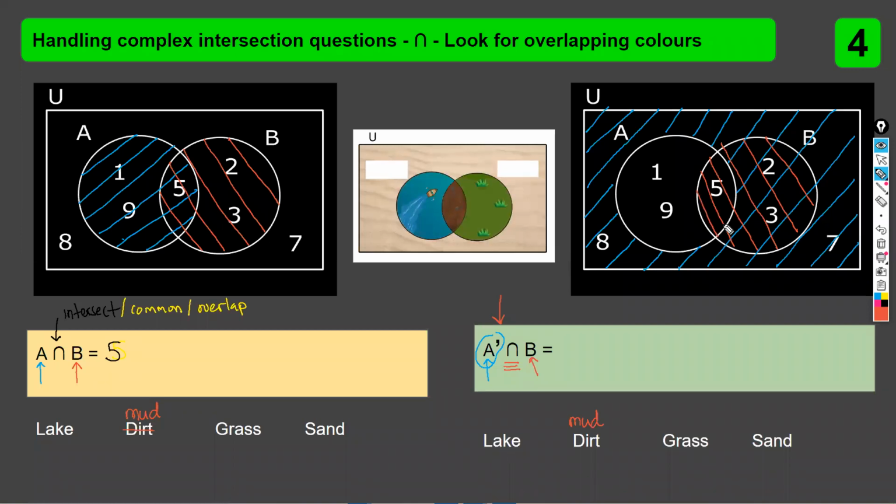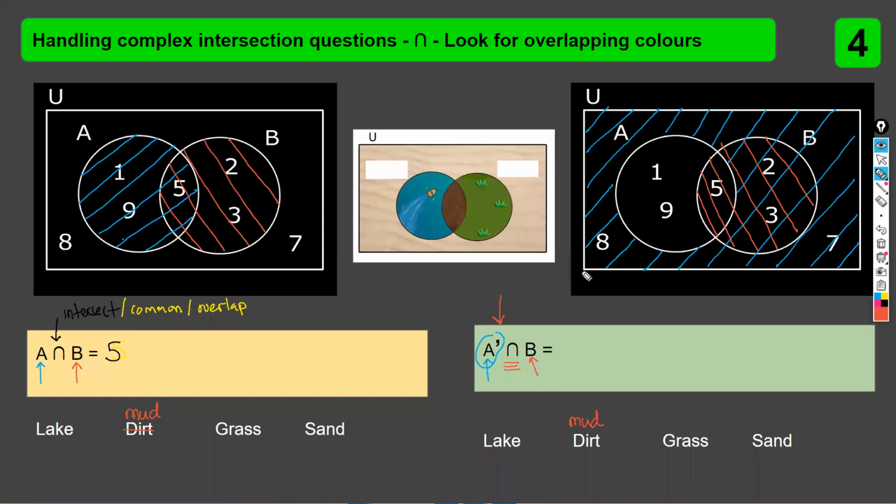Now you ask yourself, at the end of an intersect question, after you shade everyone in different colors, which area has both colors? Choose from the list here. Or if you want to combine two, which area has blue and red? No, guys, you're choosing from the list here.